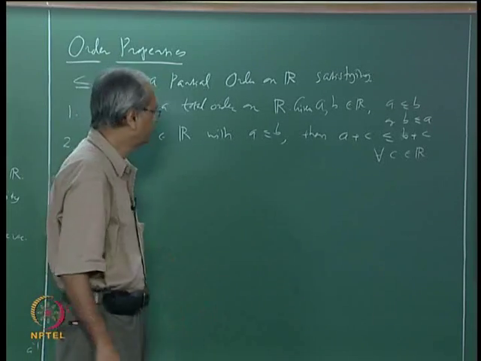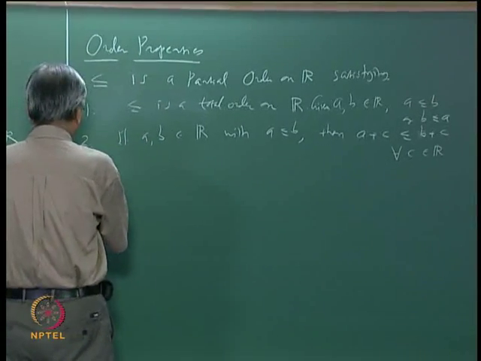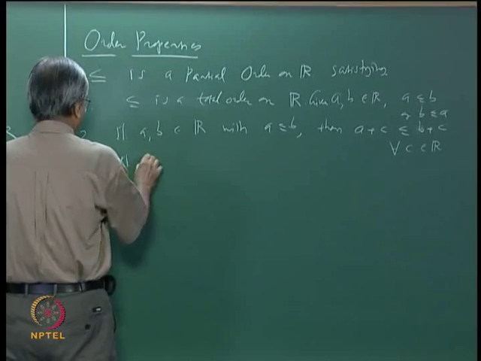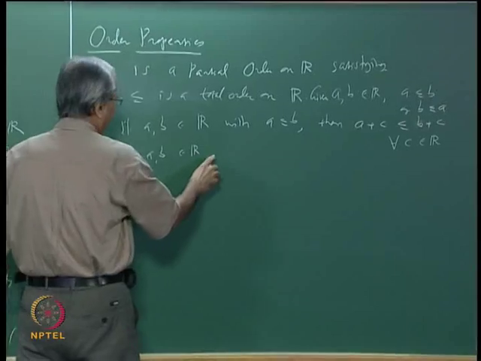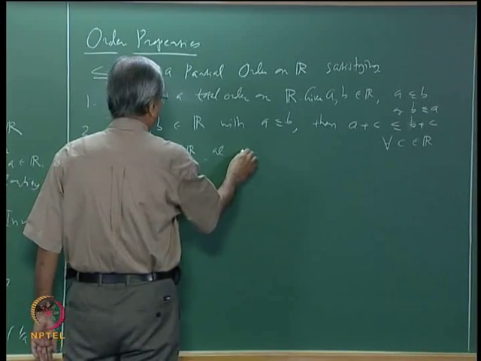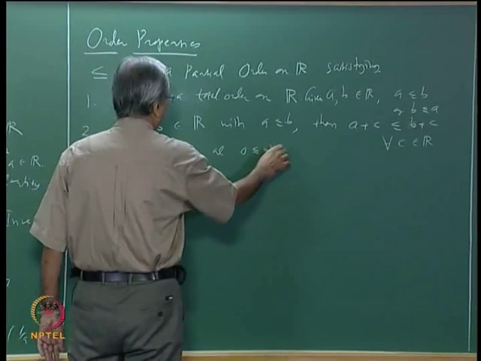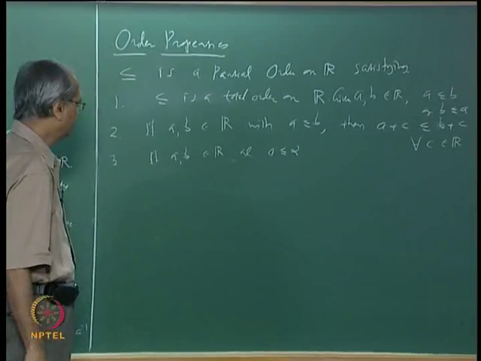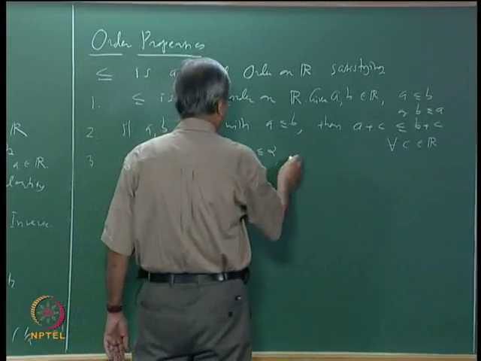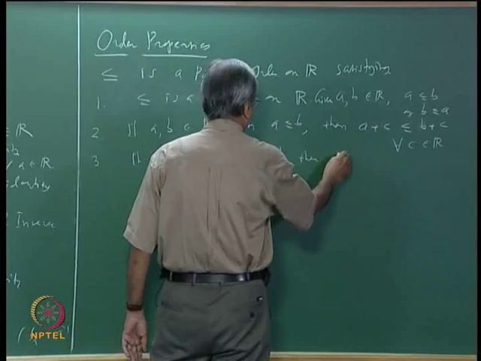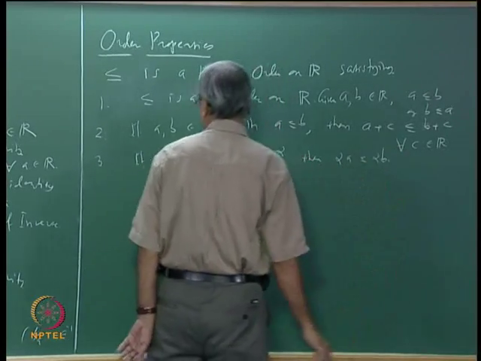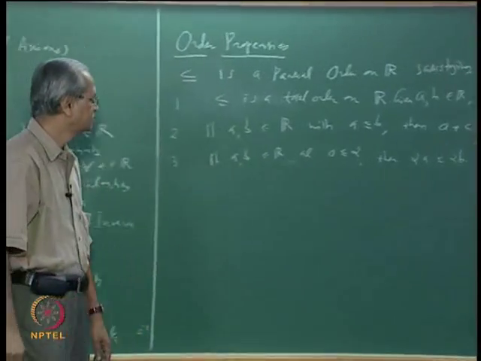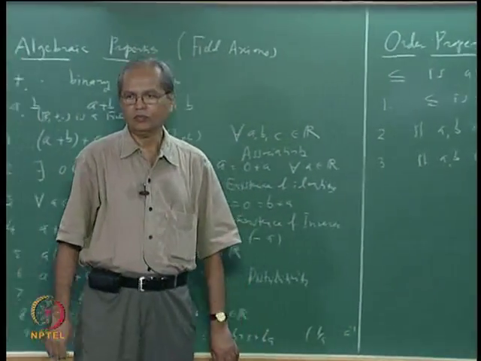So let me write that: if a, b belong to R and 0 is less than or equal to alpha, then alpha times a is less than or equal to alpha times b.